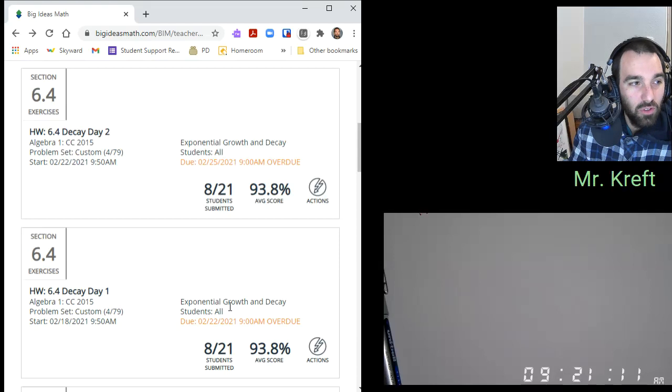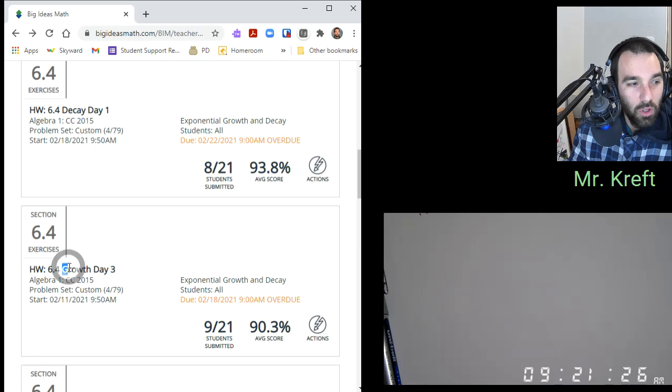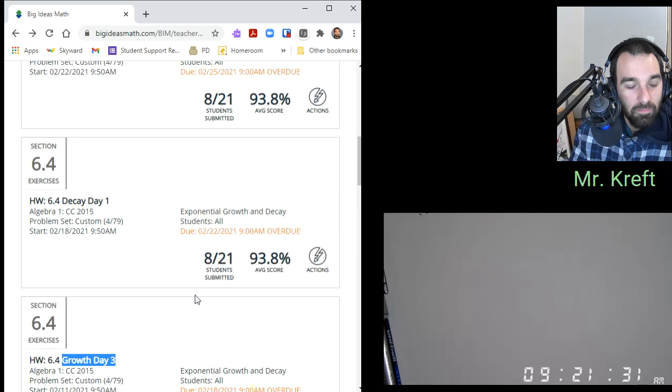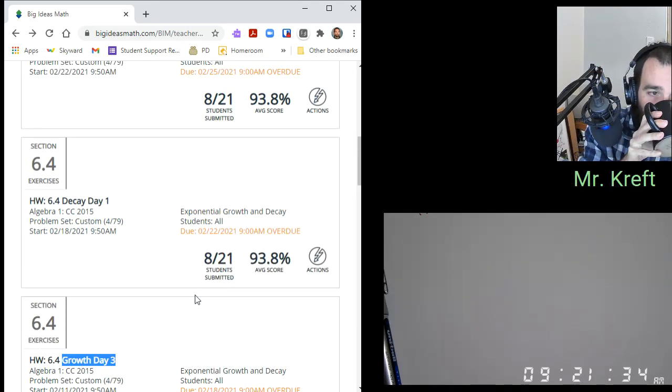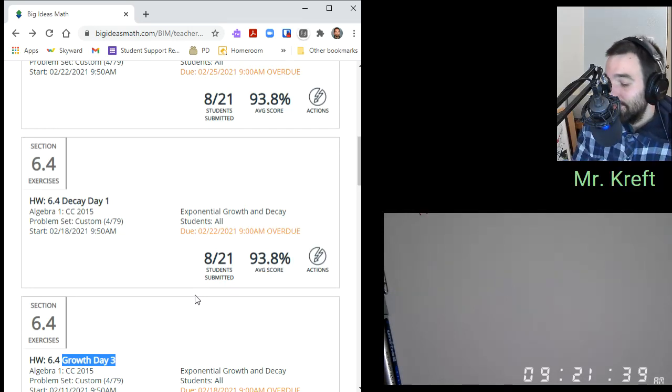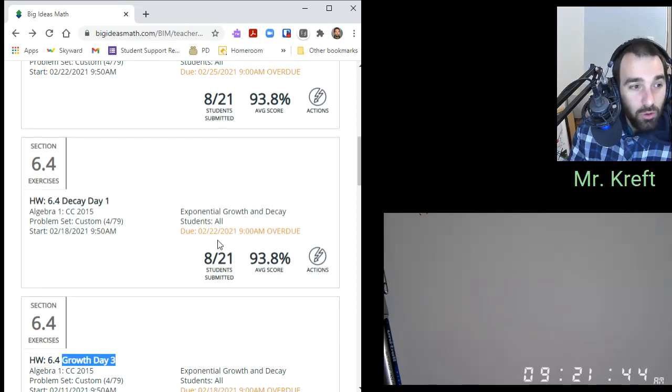So growth and decay are 2 separate days. So it's decay day 1 or 2, or it's growth day 1, 2, or 3. I'm holding on. The 222, this one. So this is decay day 1.